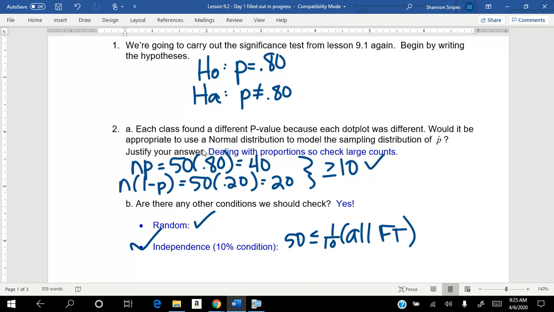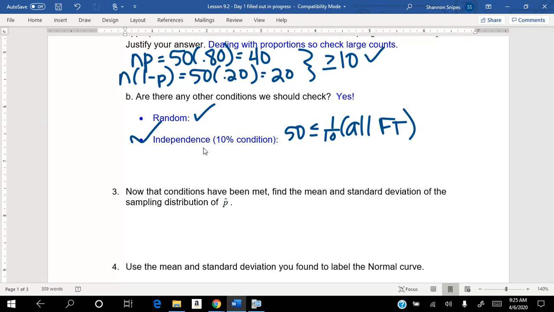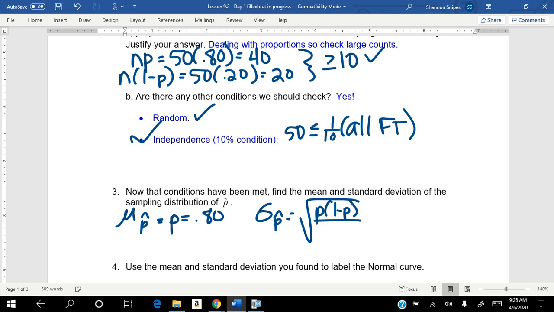All right, now that the conditions have been met, let's find the mean and the standard deviation of the sampling distribution of p hat. The mean of p hat is equal to p. Now this is all chapter 7 review. And the standard deviation of p hat is the square root of p times 1 minus p over our sample size.